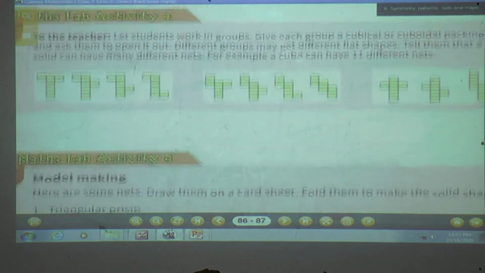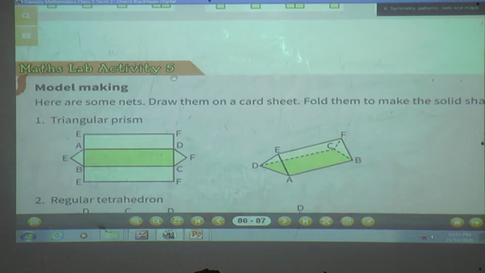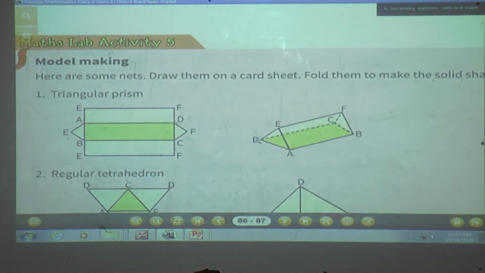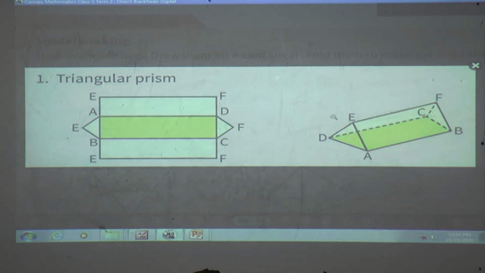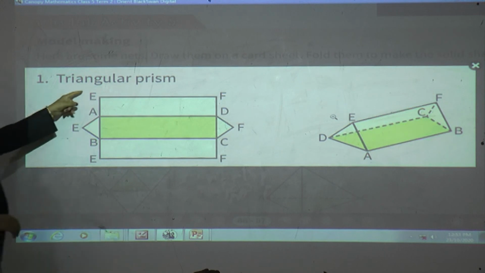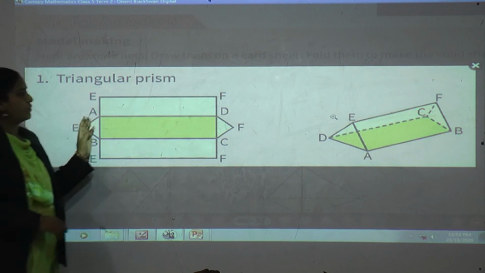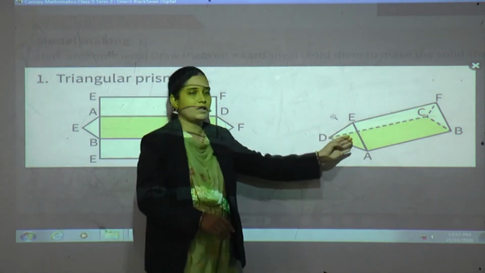Now see, here they have given us one activity. Here are some nets. Draw them on a card sheet and fold them to make a solid shape. See, this is the net of a triangular prism. When we fold it, we will get our triangular prism.